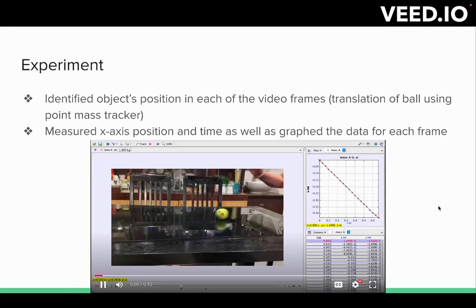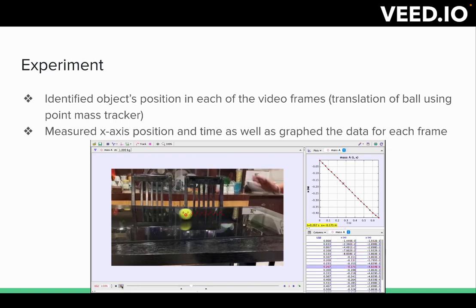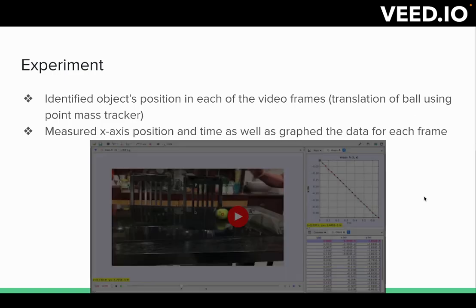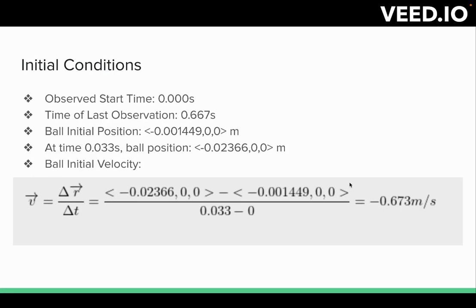In the experiment, I next identified the object's position in each of the video frames, as you can see in the video here, for 20 frames, and the x-axis position and time were graphed using the Tracker software. Initial conditions: the observed start time was 0 seconds, 0.667 seconds was the time of the last observation, and we also had the ball's initial position vector, which you can see here, as well as another data point to find the ball's initial velocity, which was delta r over delta t.